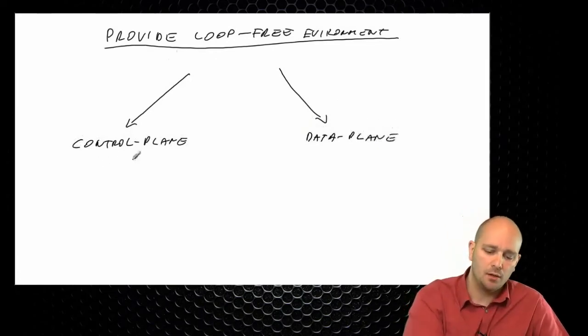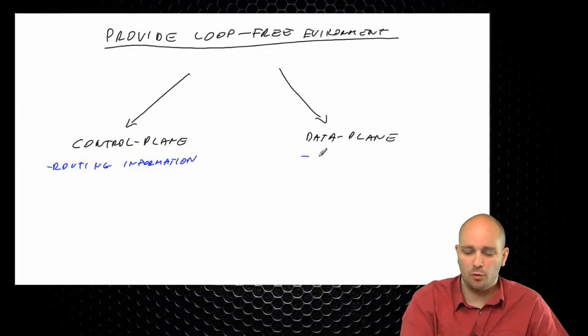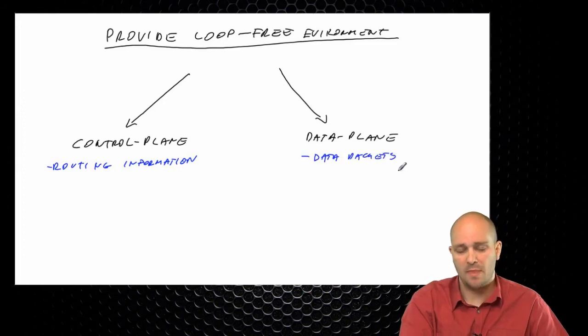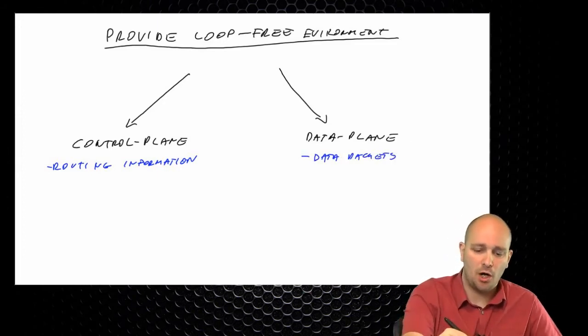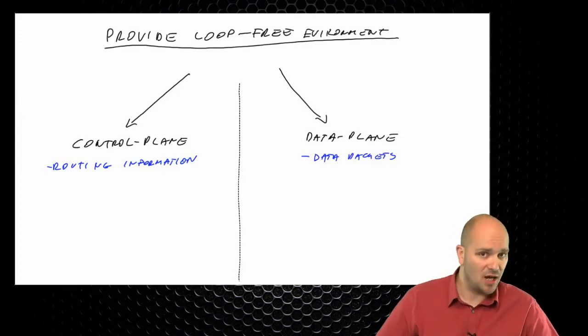A control plane loop is when you actually have routing information that is looping, and a data plane loop is when you actually have data packets that are looping. These two loops are different, and they present different kinds of challenges.